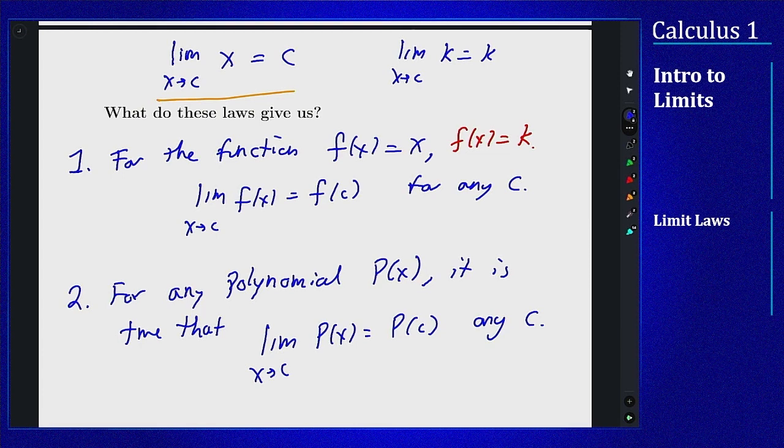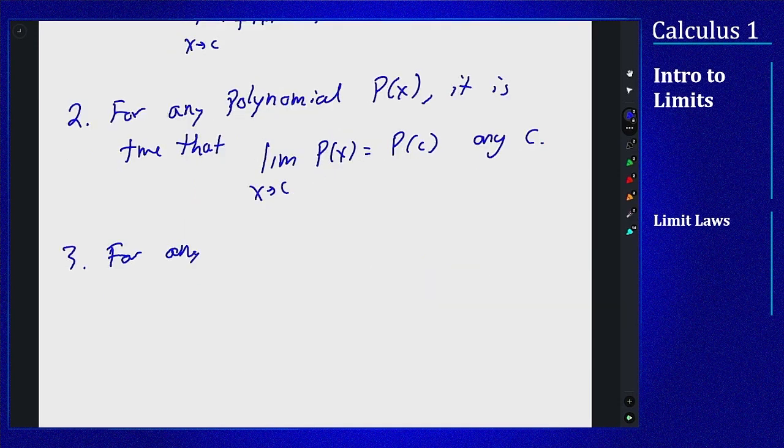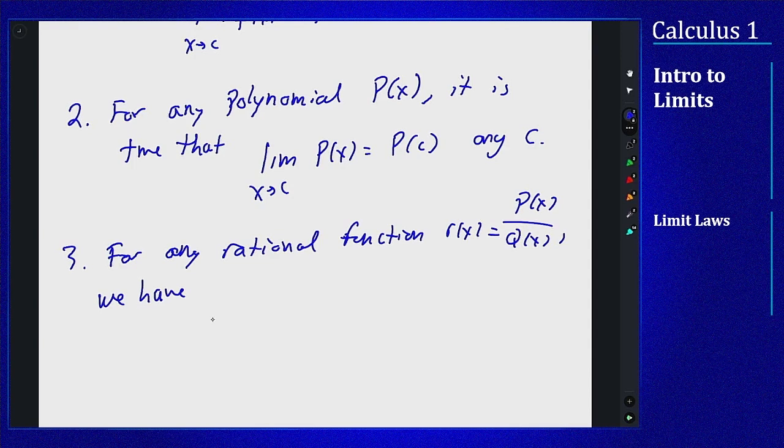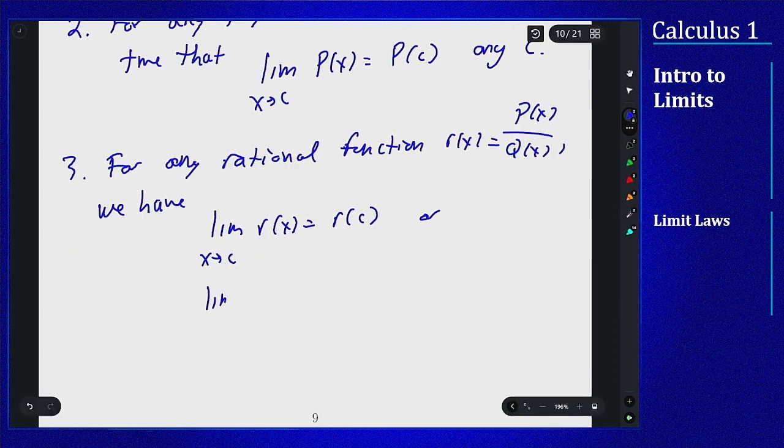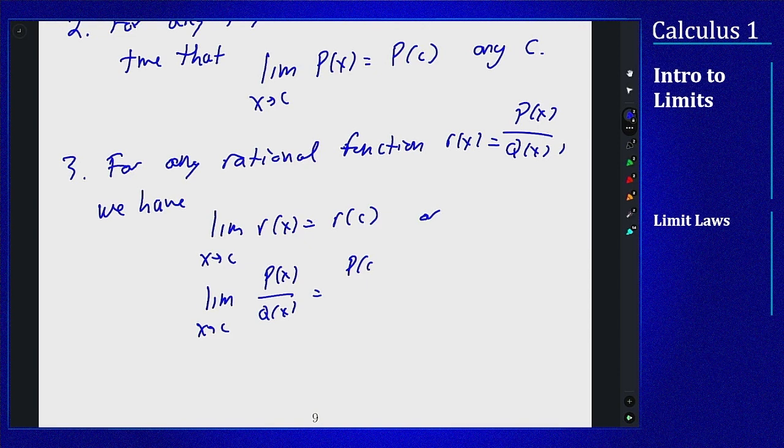We can go one step further and go to rational functions. For any rational function, r of x is p of x over q of x. We have the limit as x goes to c of r of x equals r of c, or written slightly differently, the limit as x goes to c of p of x over q of x equals p of c over q of c for any c, except what?